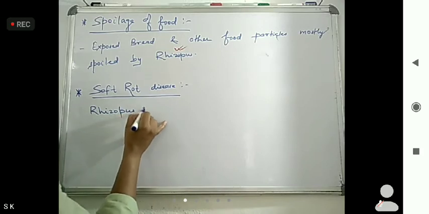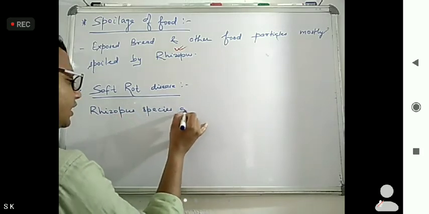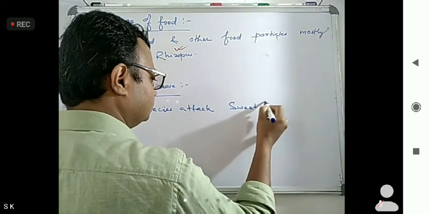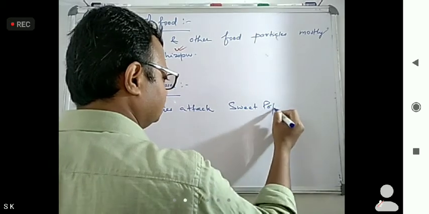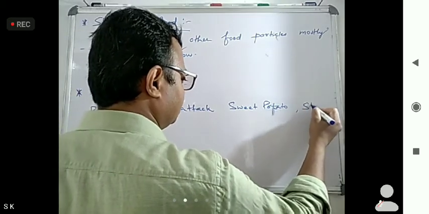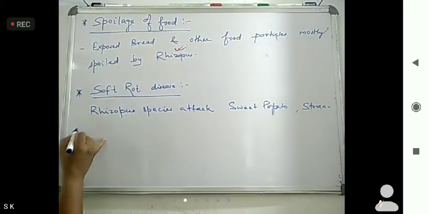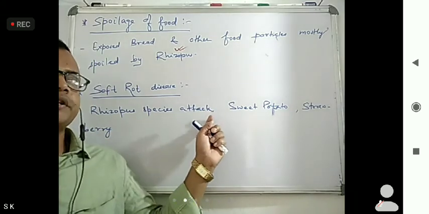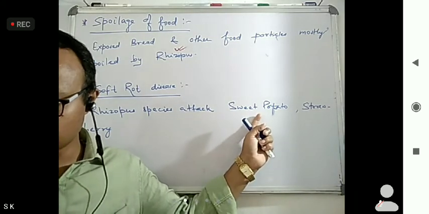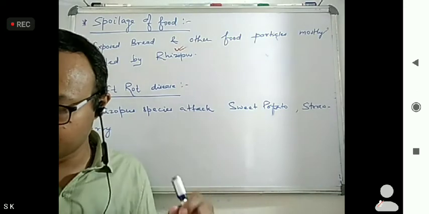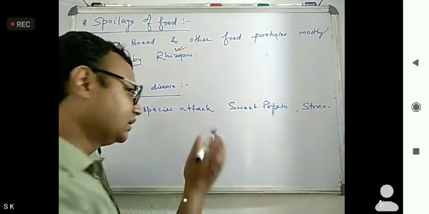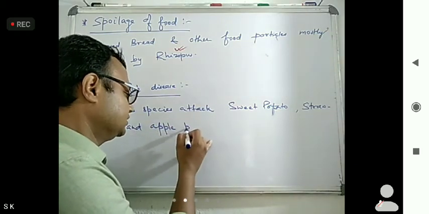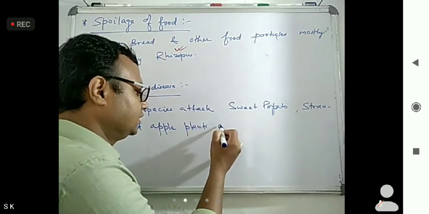Rhizopus species attack sweet potato, strawberry, and apple plants, and cause a disease known as soft rot. Okay, so this Rhizopus species mostly attack what? Sweet potato, strawberry, and apple plants.